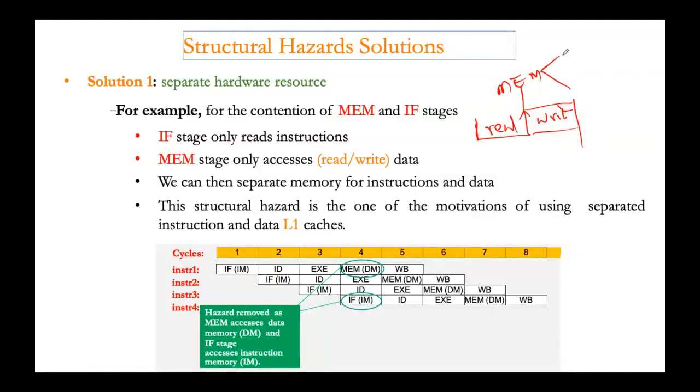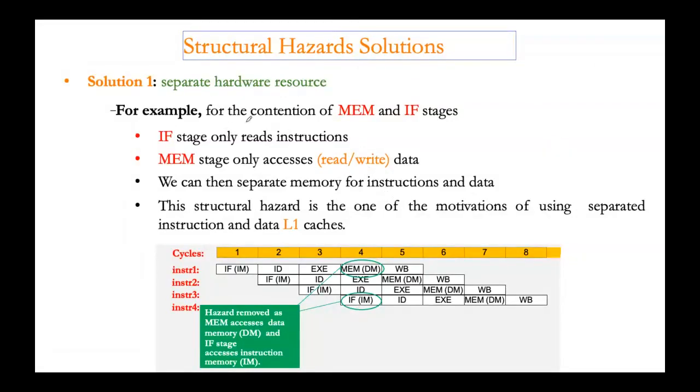One is the memory which is used at the instruction stage, that is the instruction memory. As we saw in our previous lecture, the first stage memory is not the same as the last stage memory. That is the instruction memory, and the last stage memory you can write as the data memory. So if you divide this memory into data memory and instruction memory, separating the hardware resource, then the structural hazard will be resolved.